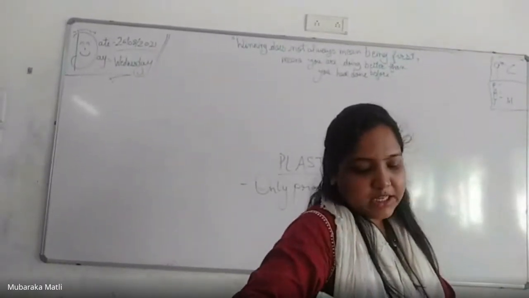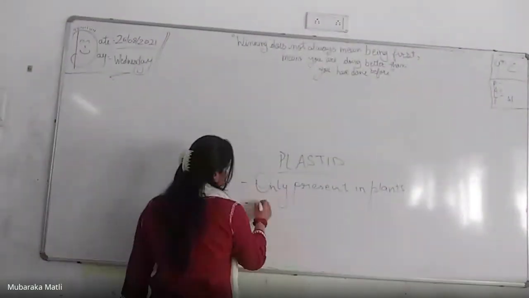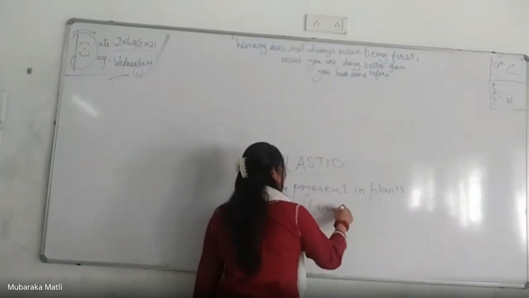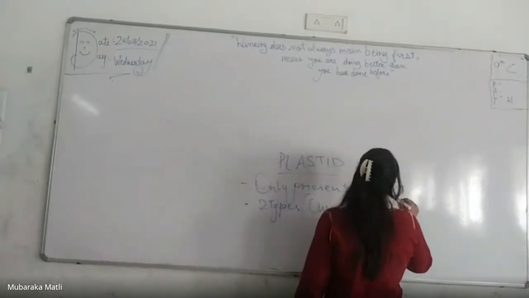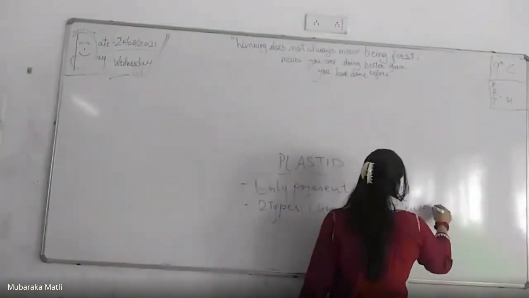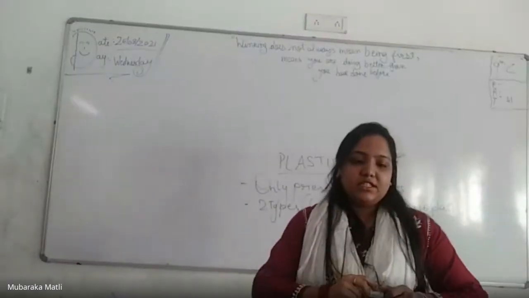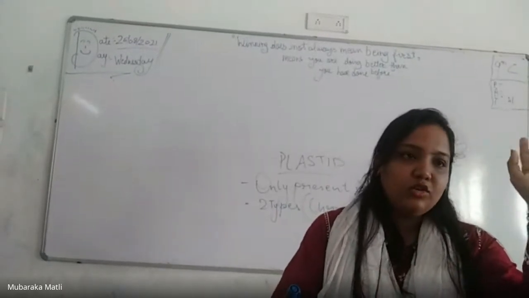Chromoplast and leucoplast. Plastids, okay? First of all, plastids are only present in plants and they are of two types, chromoplast and leucoplast.